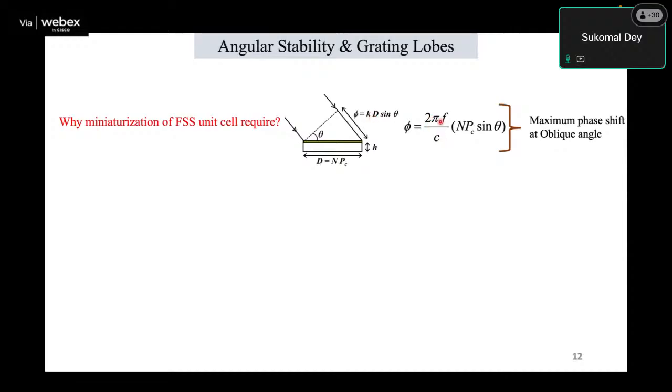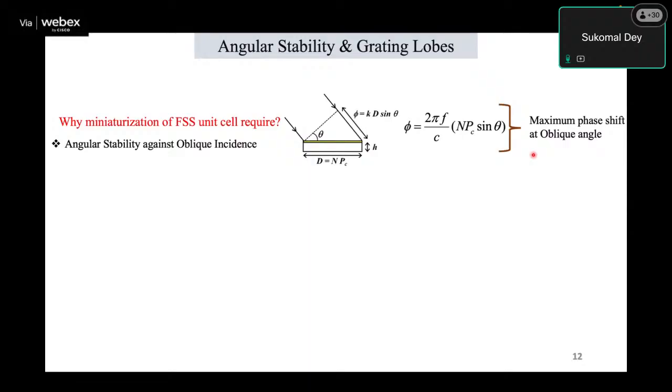It is omega by c, the wave vector, that is beta. How do you define the phase velocity? Omega by beta. So beta multiplied by d is n PC, and with sine theta, that is the maximum phase shift that you get at oblique angle.